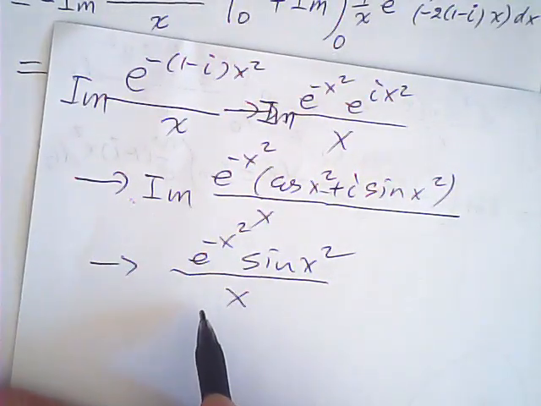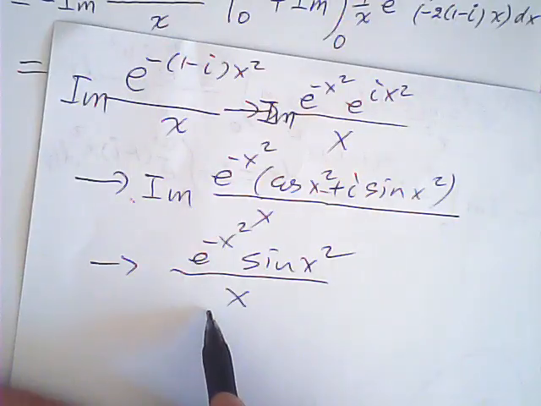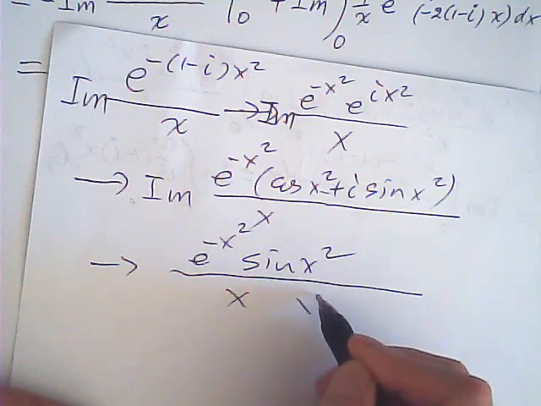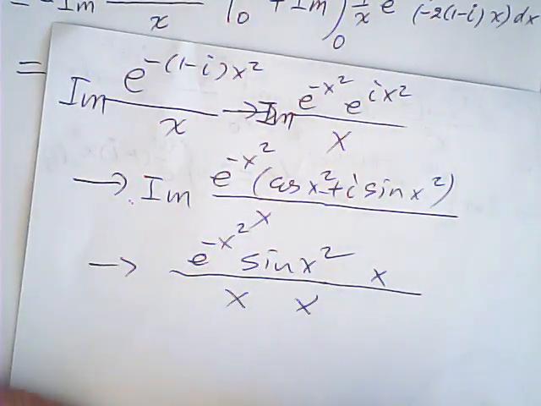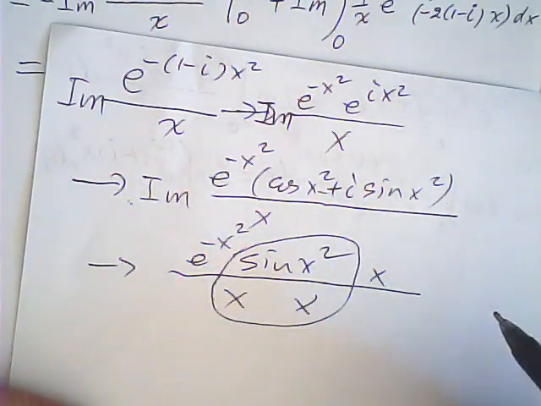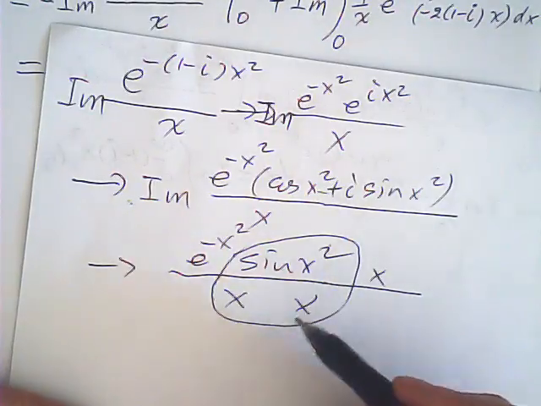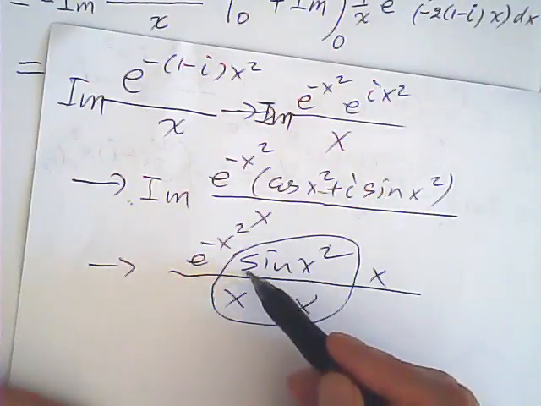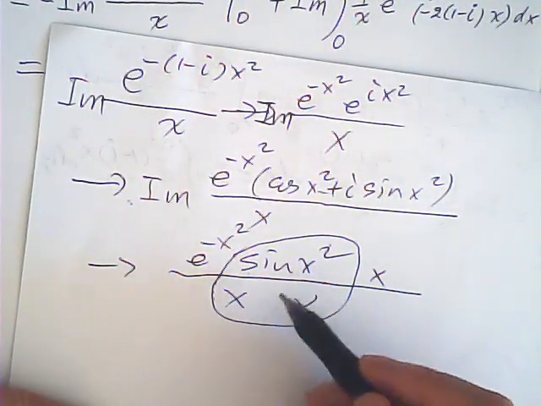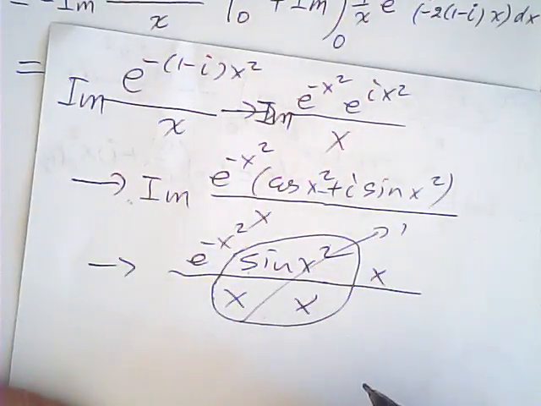Now, when x approaches 0, I can multiply by x and x. Right? So when x approaches 0, this limit goes to 1, because sine something over something square, sine something over something, when something goes to 0, this goes to 1.